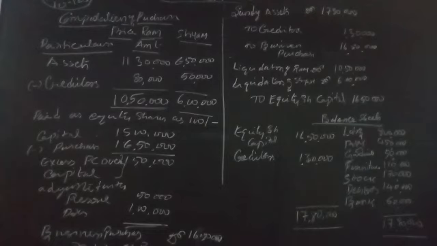And point number 2. All the assets and liabilities are normally transferred to the purchasing company in case of the nature of merger, not in case of the nature of purchase. So this is the difference you should keep in mind.